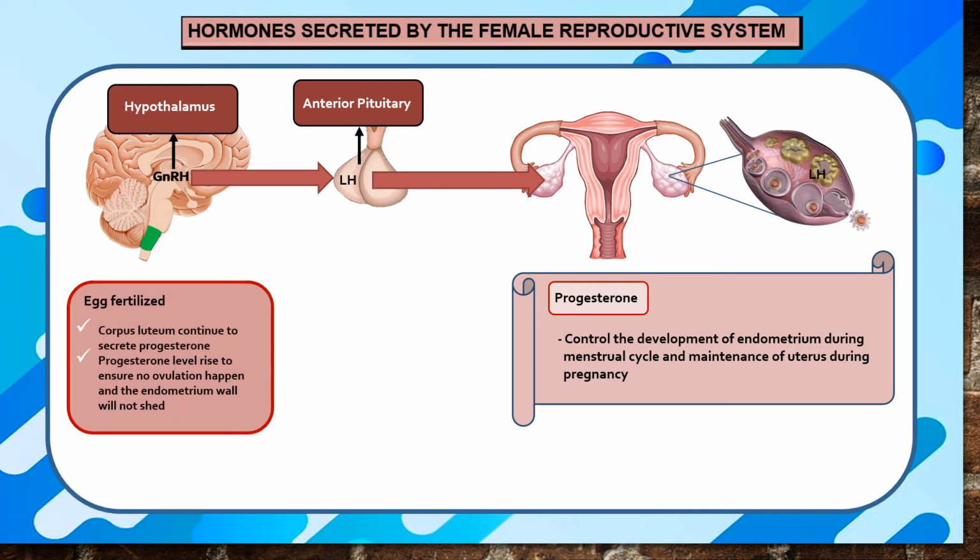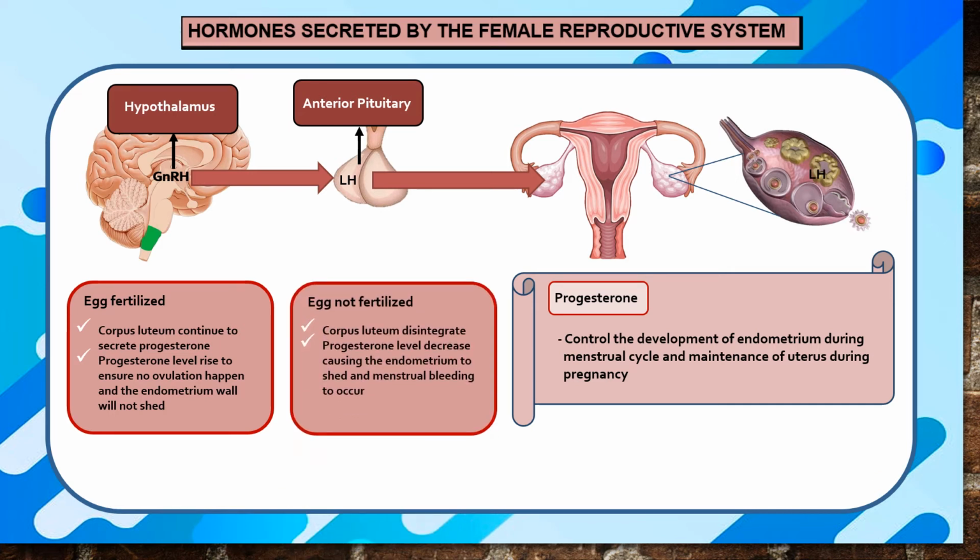If the egg is fertilized, the corpus luteum continues to secrete progesterone. Progesterone levels rise to ensure no ovulation happens and the endometrium wall will not shed. If the egg is not fertilized, the corpus luteum disintegrates. Progesterone levels decrease, causing the endometrium to shed and menstrual bleeding to occur.